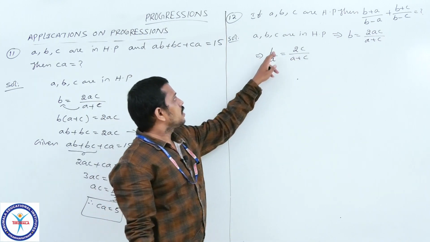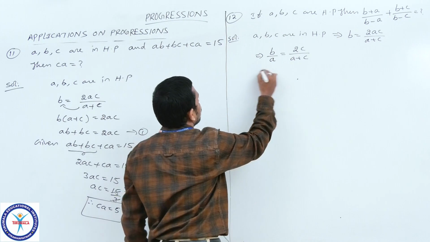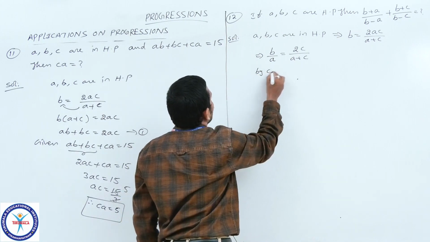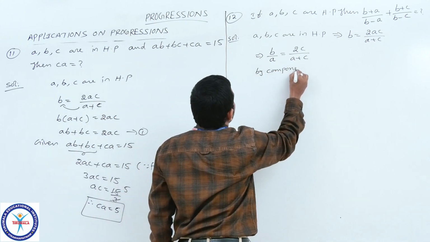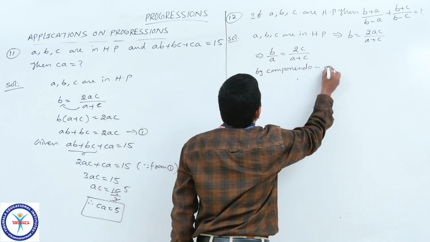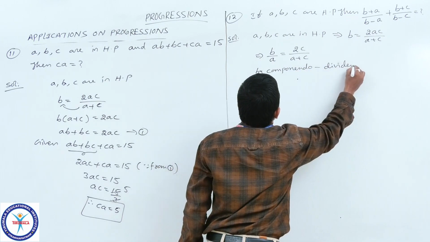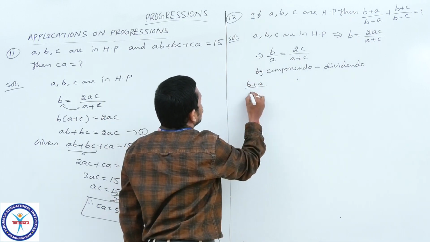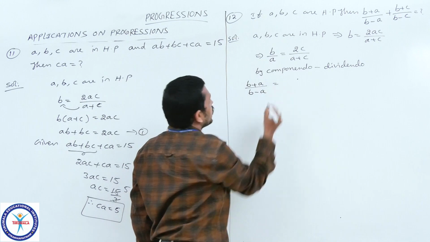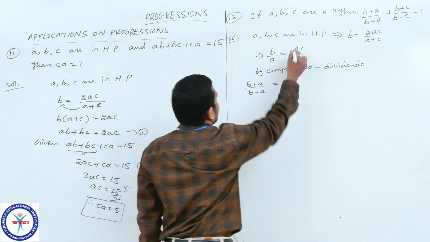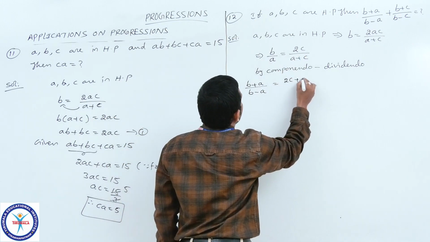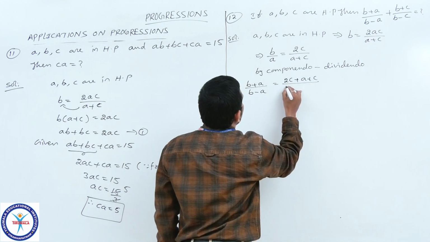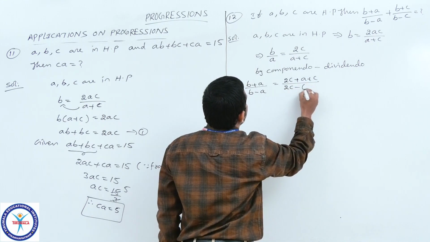Now apply componendo and dividendo. (B plus A) by (B minus A) is equal to, here, (2C plus A plus C) by (2C minus of (A plus C)).